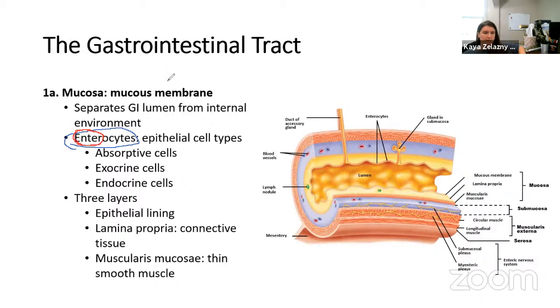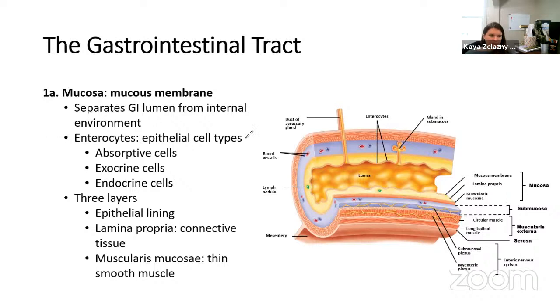But if in the future you are trying to guess medical terms, if you see this prefix enter, that's usually going to be related to something in your gut. So in this case, we're talking about epithelial cells lining the gut, but we'll also see that there's, for example, an enteric nervous system, which refers to a nervous system in the gut related to the GI tract. So that's a prefix you'll see multiple times here.